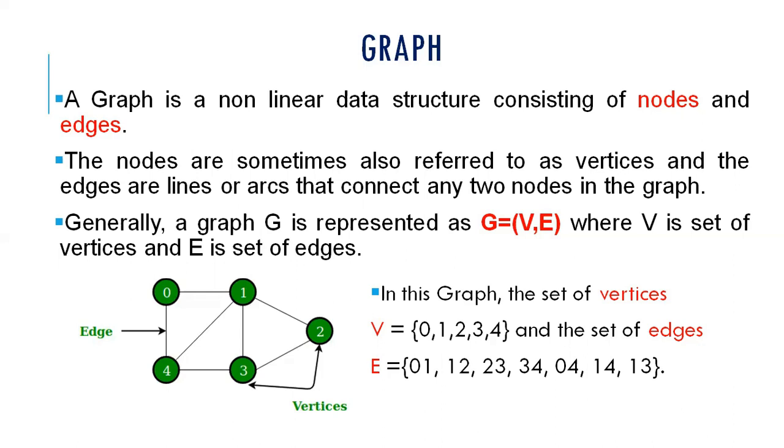In this graph, the set of vertices V equals 0, 1, 2, 3, and 4, and the set of edges E equals the combinations 0 to 1, 1 to 2, 2 to 3, 3 to 4, 0 to 4, 1 to 4, and 1 to 3. These are the various combinations of edges available in this graph. This is a pictorial representation of a graph in data structures.